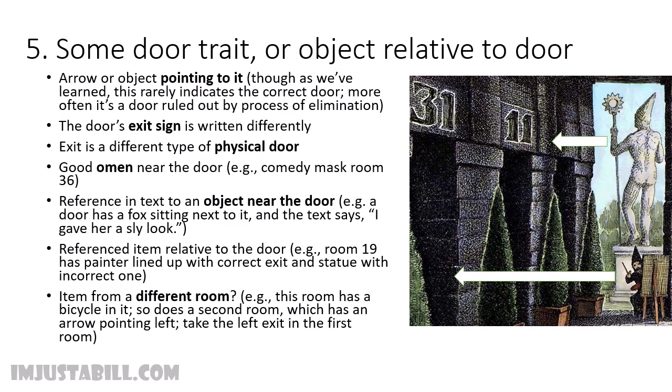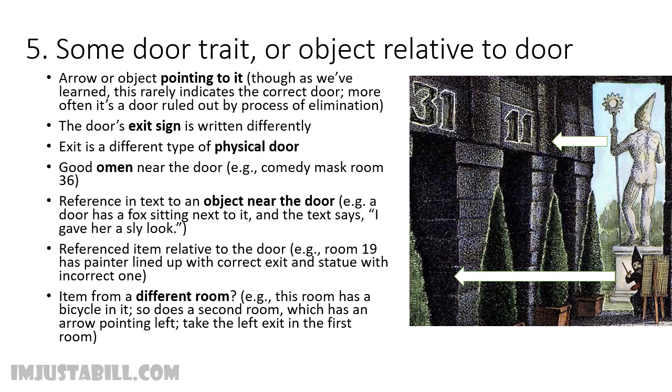There may be references in the text to an object near the door. So just a hypothetical example here. Let's say in the dialogue, somebody says, well, I gave her a sly look as she said this. And if we look in the picture of the room, there's a fox next to a door. So we might think, okay, sly, that kind of indicates the fox. Maybe this is a reference to that door.